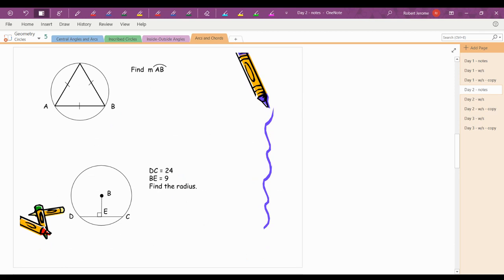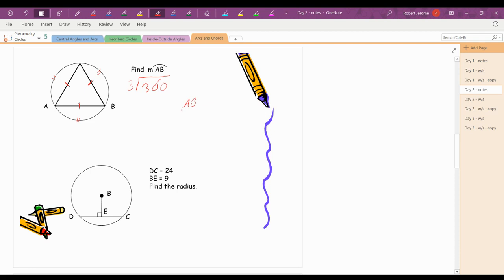Measurement of arc AB. Well, again, we're using our knowledge from yesterday. If the 3 chords are congruent, so look at our chords, if the 3 chords are congruent, then the arcs are congruent. So what do we really have here? We have a circle, 360, cut into 3.